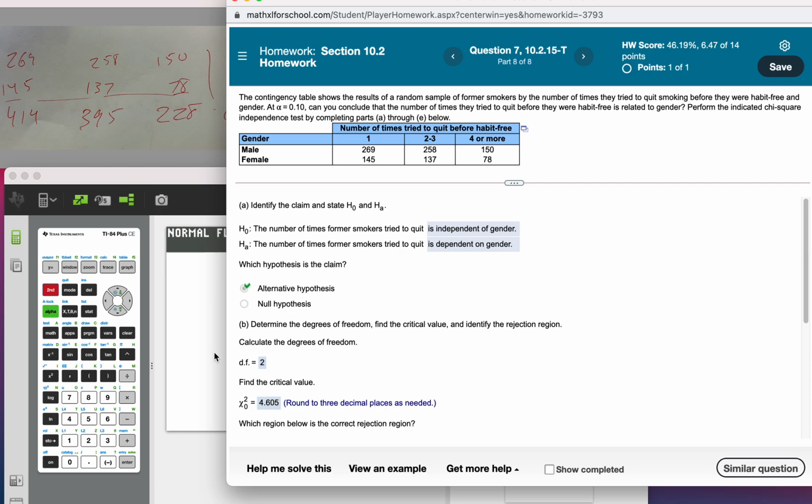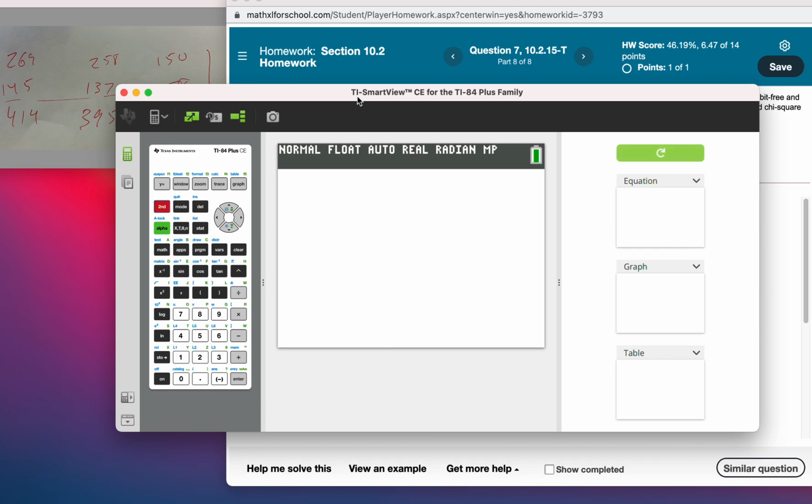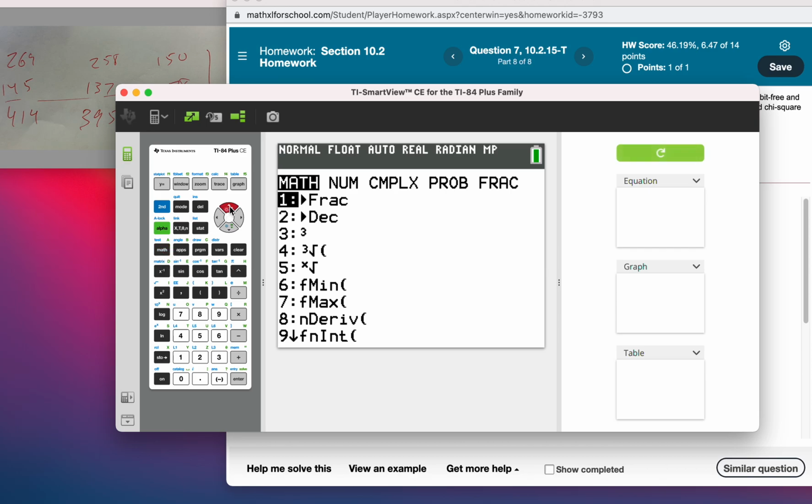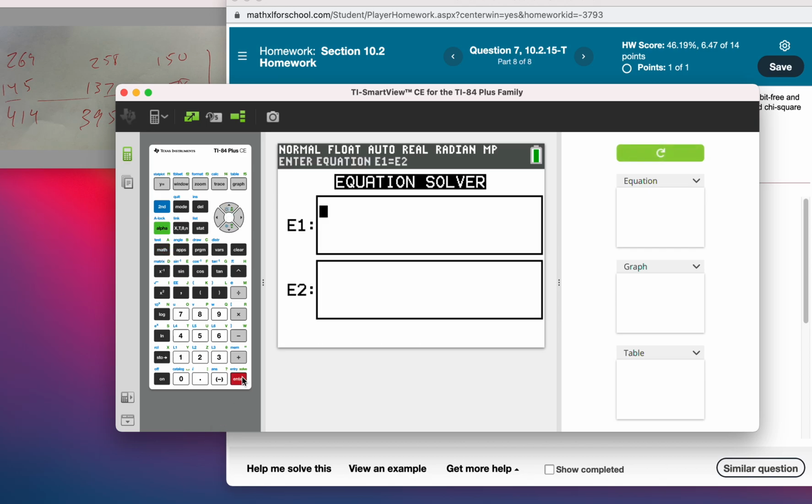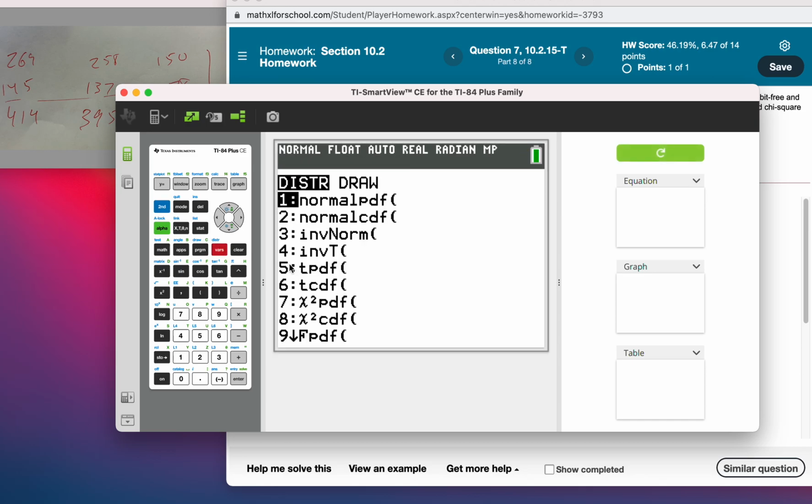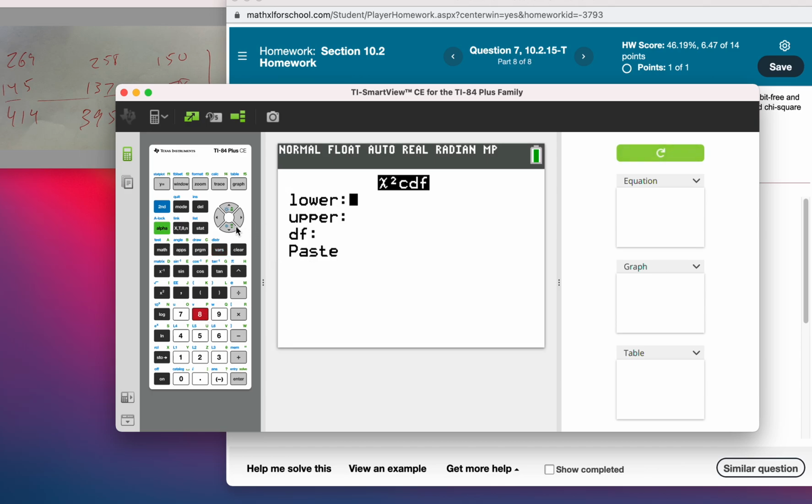To find the critical value, then we'll grab our calculator here. We'll go into Math Solver, and I'll go through all the steps here in case you've deleted these out. This first one would be in distribute. Okay, and it's this one here, number 8, chi-squared CDF. Our lower, we go 0.